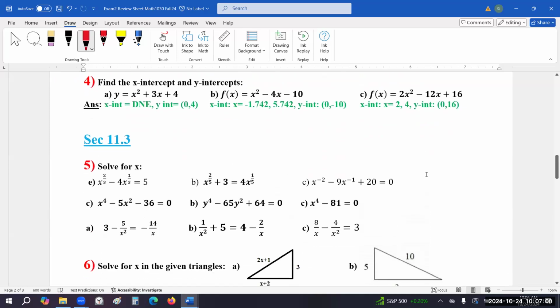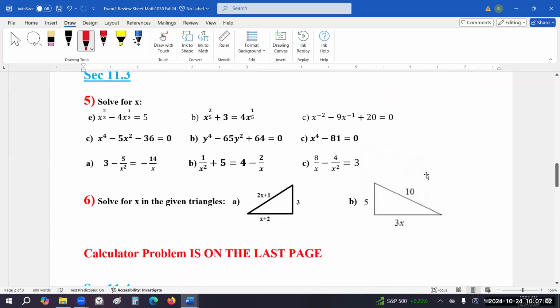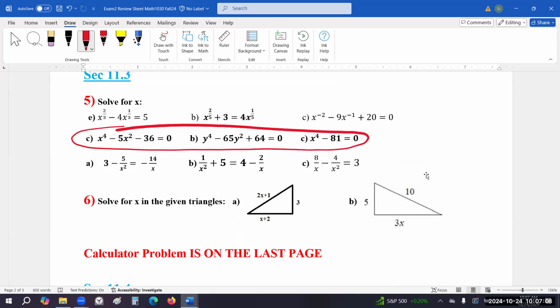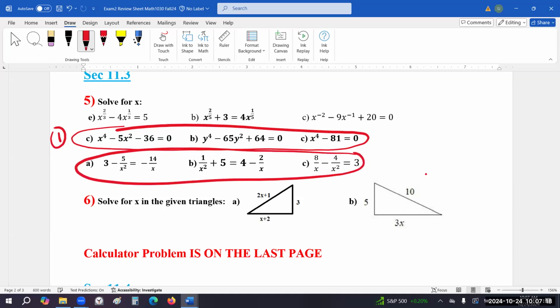Okay, so question 3. And from here, I'm going to give 1 from the 4th degree. 1 from rational, and there will be extra credit on something like you have polynomial on the bottom.